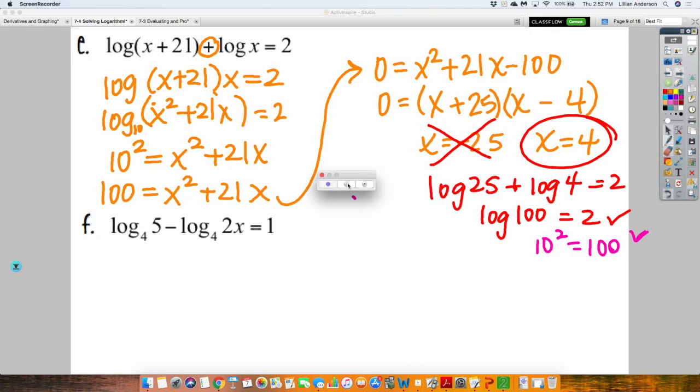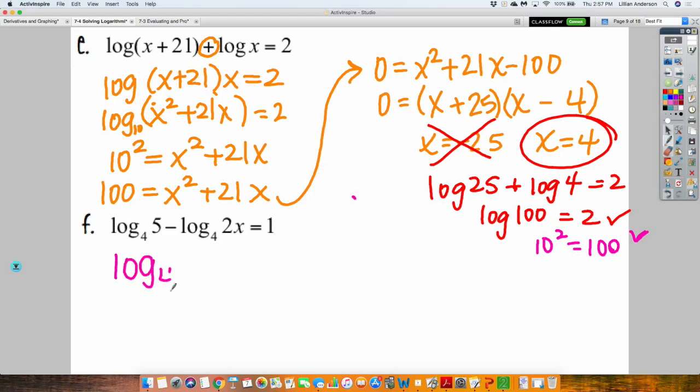You are solving F. So for this particular one, we have to condense it, just like the last one. Using what? Using quotient. So this turns into log base 4 of 5 over 2x.